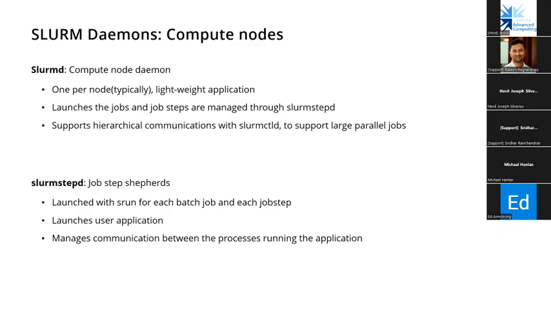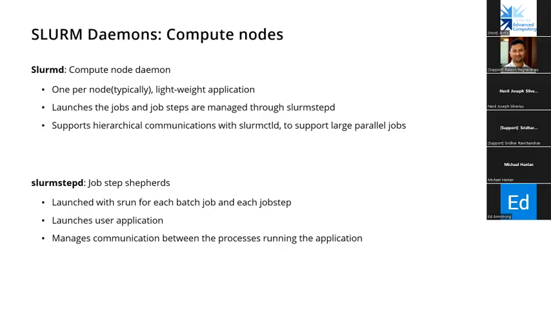Coming to the daemons that we have on the compute nodes, there is slurmd, which is a much more lightweight application compared to the SLURM control daemon and the SLURM DBD daemon. Essentially, one slurmd runs per node, and it takes care of launching the job. The actual job steps are managed through slurmstepd.